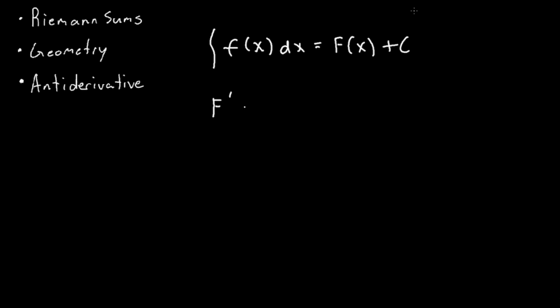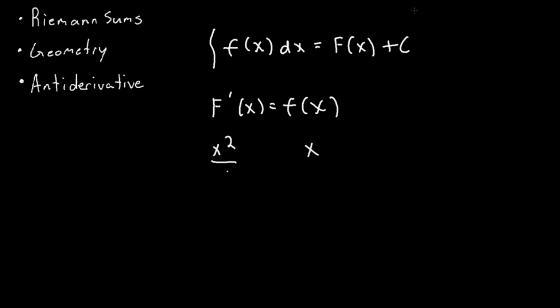In essence, the derivative of capital F of x is equal to your original function, f of x. So if I were to give you an example, if your original function was x, then the derivative of your integral should equal x.